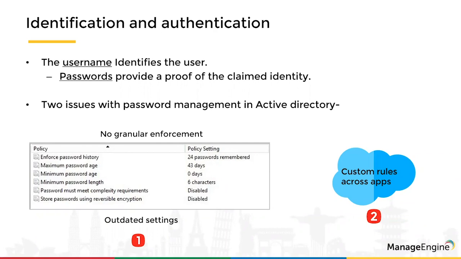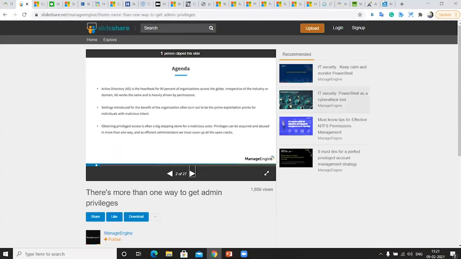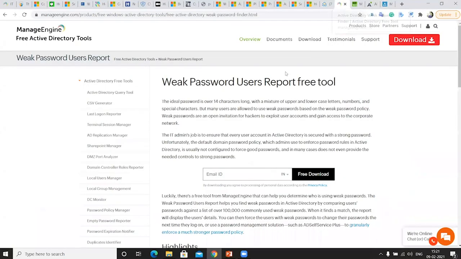So to kickstart this conversation, I am going to point you all to a free resource, which is right here, Weak Password User Finder Report. And what this does is, in case any of your users are using weak passwords, this tool will tell you which user is using it. Please note, we will only tell you the hash, and we will not tell you what password they use, because you're going to bump in a text file with weak passwords, and the hashes will be compared, and we will surface the user who could possibly be using one of the weak passwords that you have bumped in using the text file.